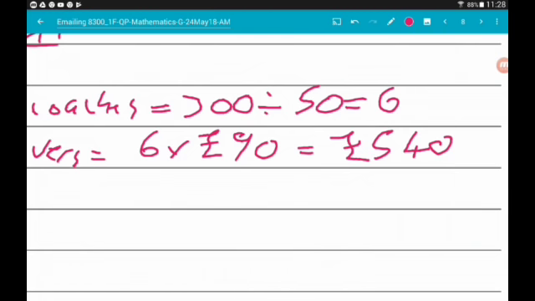Okay, part B wants us to work out 2,843.61 divided by 7. So it's bus stop time again.